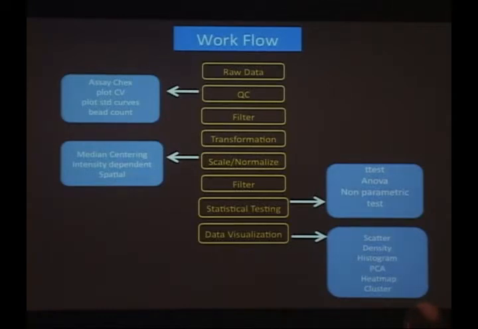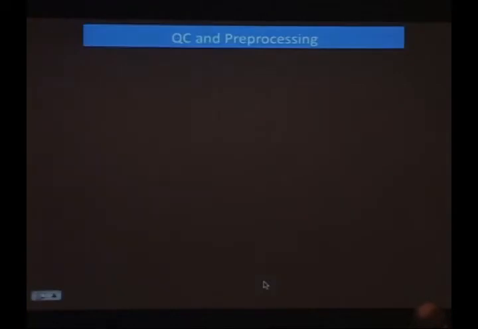In the interest of time, I'm not touching those points now. Then we have spent quite some time on how to normalize the data. That's another challenge for these kinds of high throughput assays. And then come the statistical testing and data visualization.